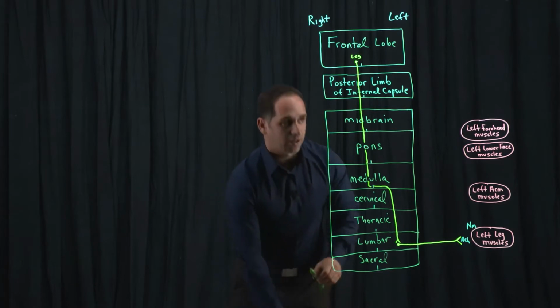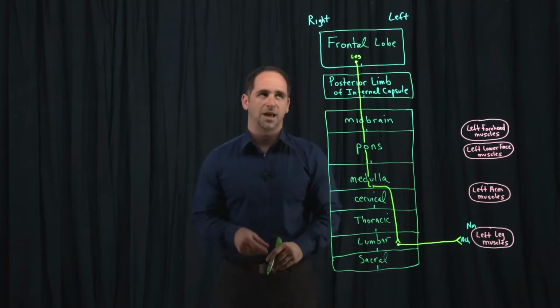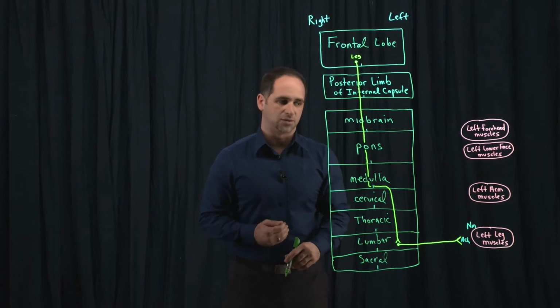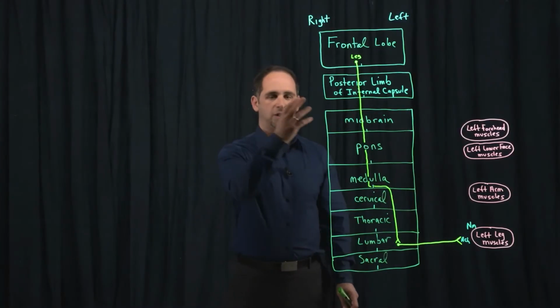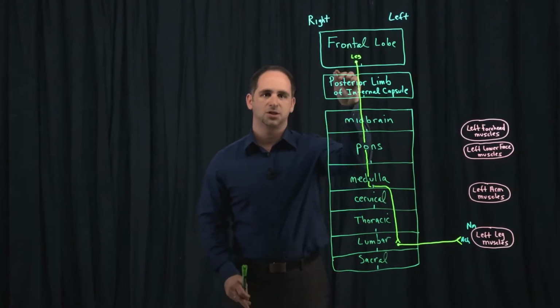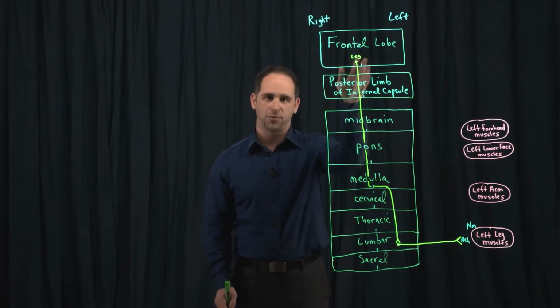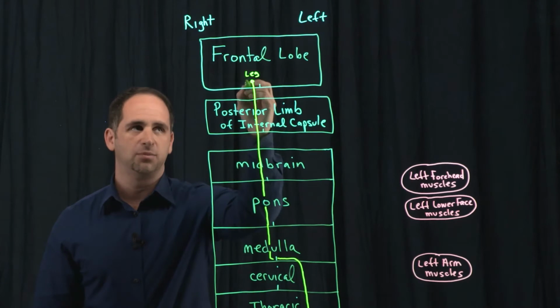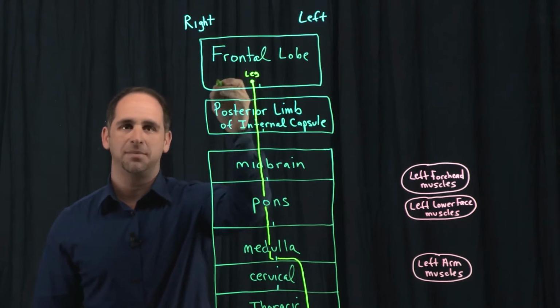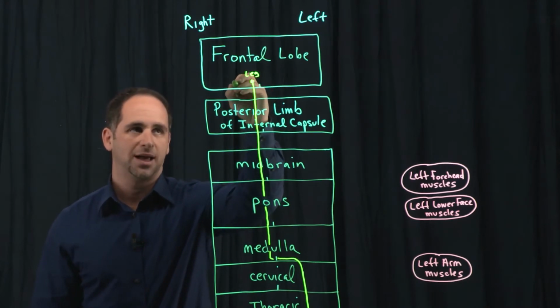Now let's take a look at what we would have if we were looking at the left arm muscles. So for the arm, we're going to again start in the contralateral cortex, the right frontal lobe, the primary motor cortex, and we're going to move a little more laterally in the map, that motor homunculus, and we'll write in here, arm.